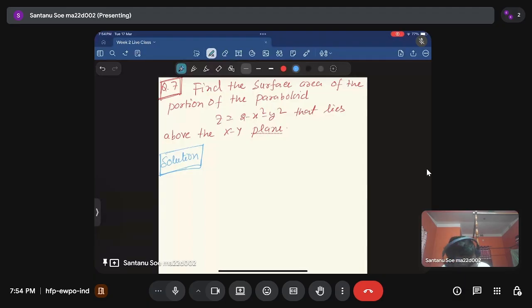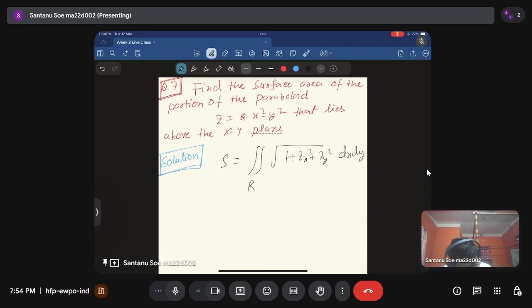Okay, so we know the formula as S equals double integration over R square root of 1 plus zx square plus zy square dx dy.